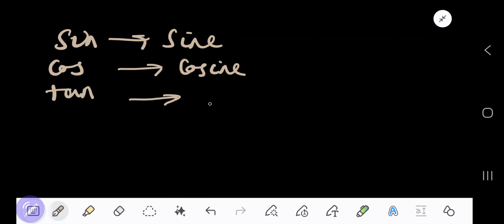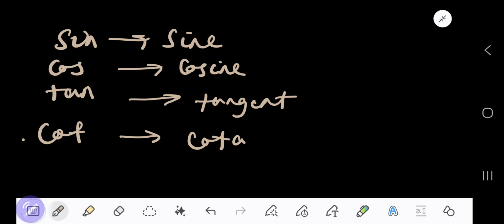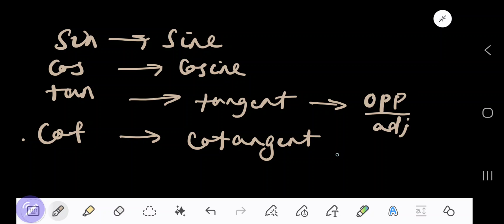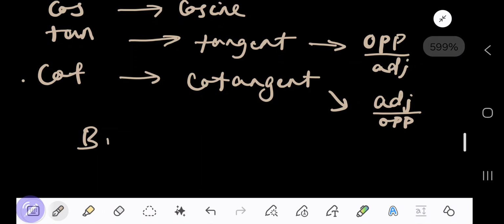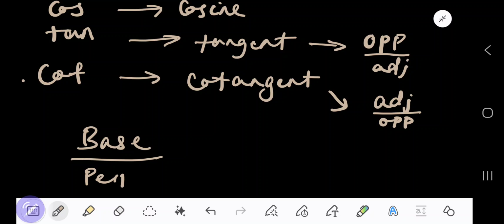Our next trigonometrical ratio is cot, also cotangent. As you can tell by the name, cotangent is the opposite of tangent. So if we remember, tangent was opposite by adjacent, so cotangent will just be the reciprocal, adjacent by opposite, or you can also call it base by perpendicular, right?